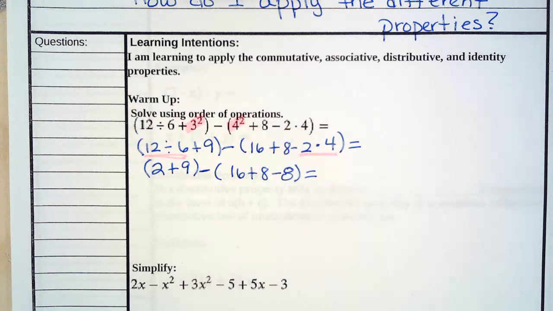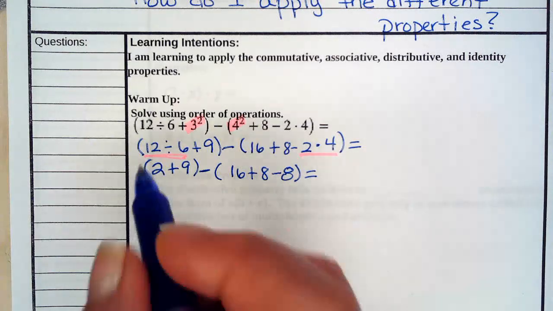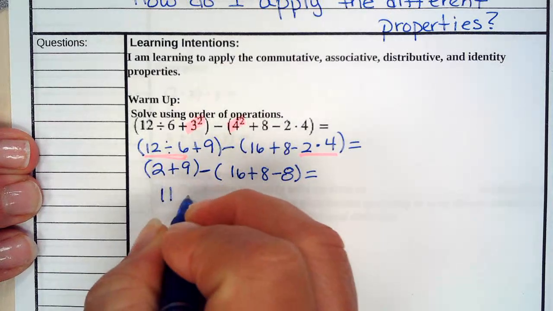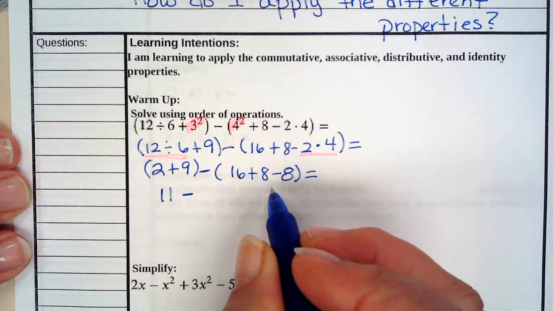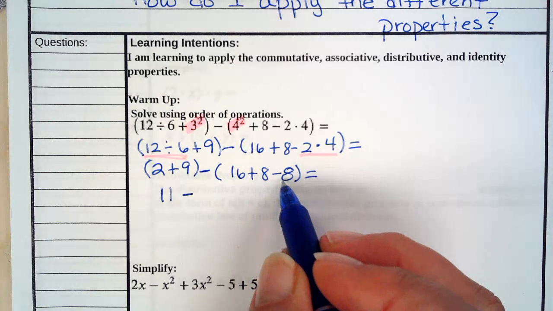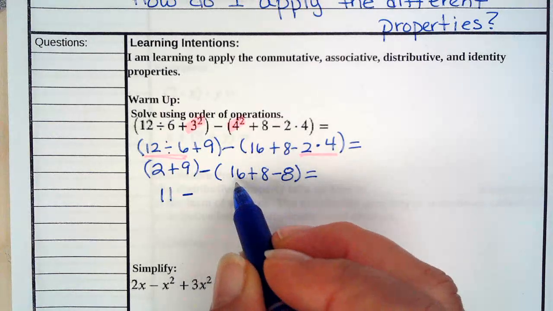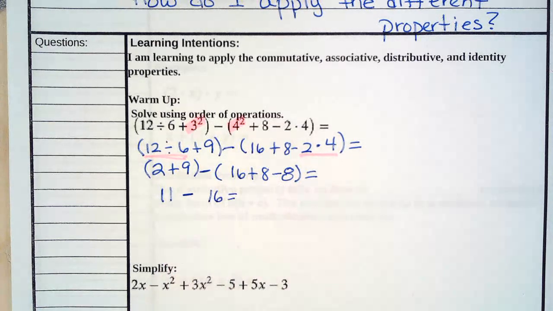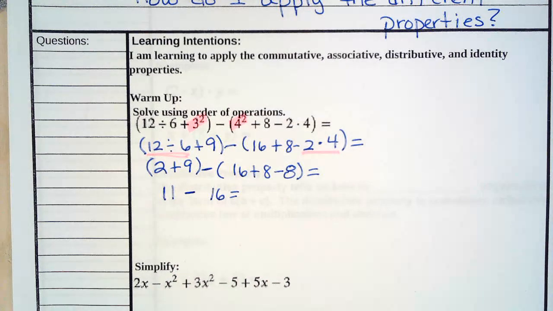Now we are down to addition and subtraction inside the parentheses. 2 plus 9 is 11 minus. As I look, I'm going to use logical thinking. If I add 8 and then subtract 8, I haven't changed that number. 16 plus 0 is 16. They are opposite signs.